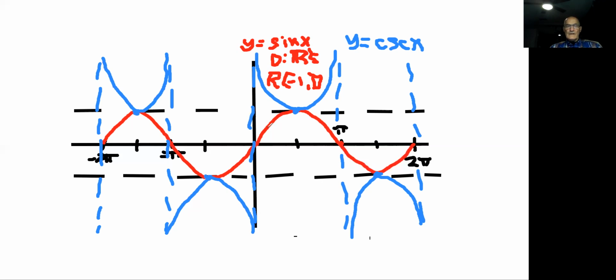Now, if I look at my cosecant curve, if I come down here, my domain is a set of reals, but every pi starting at 0, so I have x not equal to 0 plus k pi.